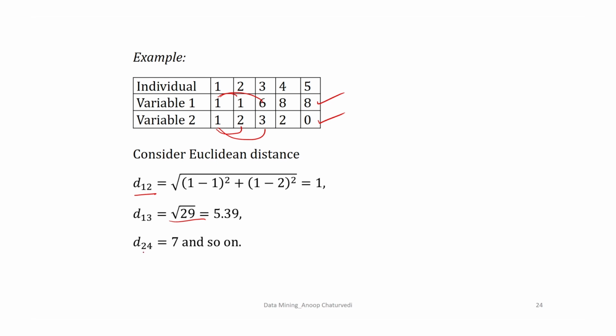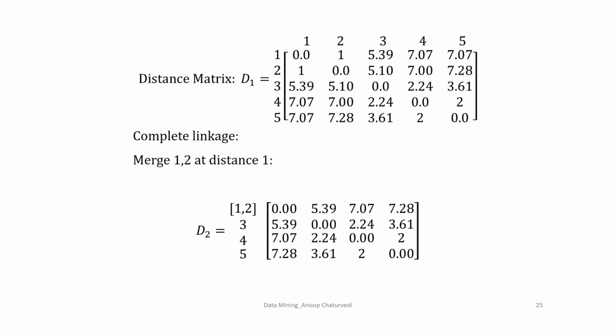Similarly, you can calculate d24, d25 and so on. Ultimately, we get this distance matrix, and then we are using complete linkage. Initially we merge 1 and 2 because this is the smallest distance, and then we calculate the distance matrix D2.